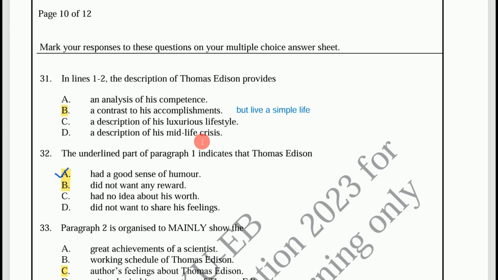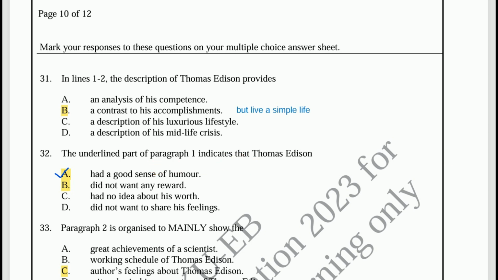No mention of any crisis. So this option is left: a contrast to his accomplishment. Although he's a very accomplished man, scientist, discovered, invented many things, but he lived a very simple life, wrinkled clothing, etc. So it's right. Contrast.